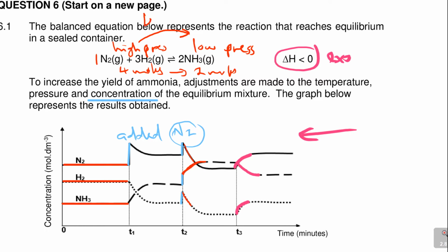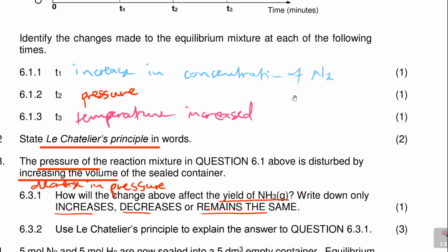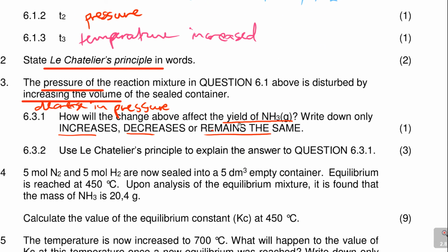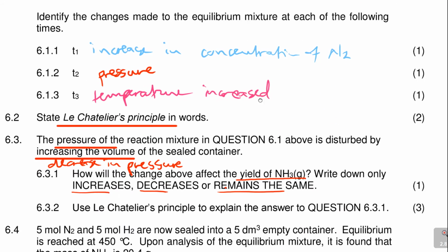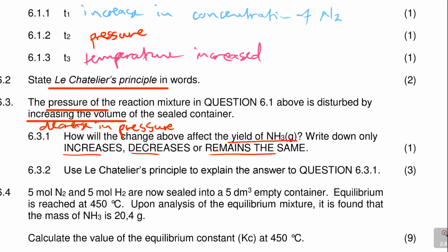You go from left to right. What does it mean? From 4 moles you go to 2 moles. 2 moles has less pressure. So here what will happen? The yield. If you are going to the right, this is the yield. NH3 is on the right hand side, so the yield will go up. So that's what you can say here, increase is the answer.